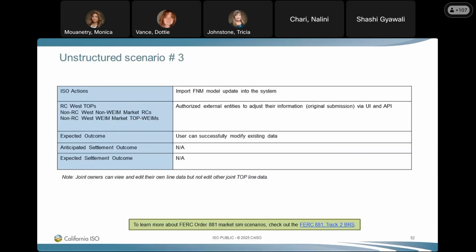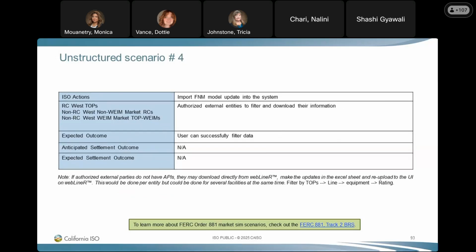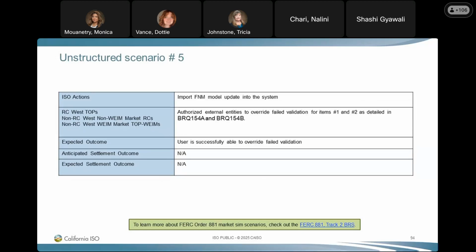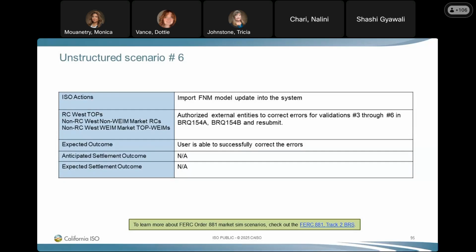See if you're able to modify just the organization for the ones that belong to you. Others you can't modify, but you can see their data. We also want you to test out the filter capability, see if you can retrieve information based on the filter option, and also submit an override to validate your file using the override functionality.